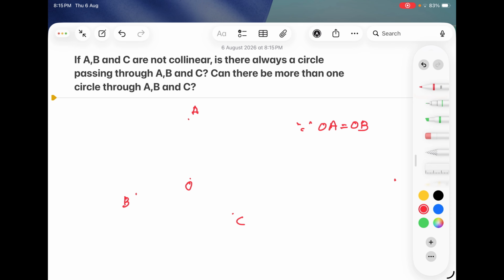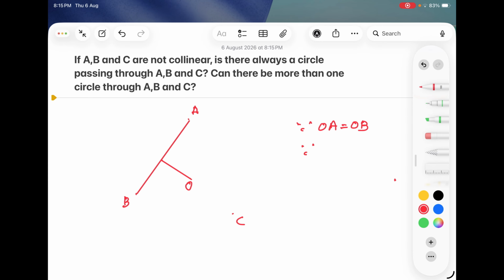Why? Because in our previous theorem we have seen that if AB is a line segment and you draw a perpendicular bisector of AB, the point O lies on this perpendicular bisector of AB.